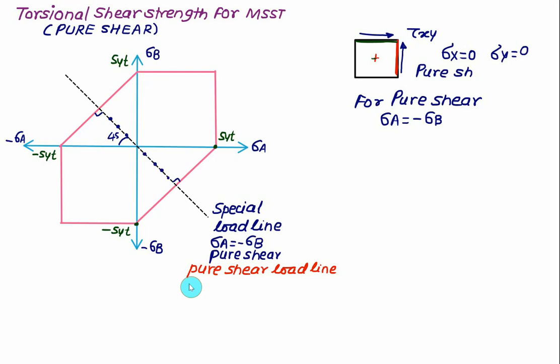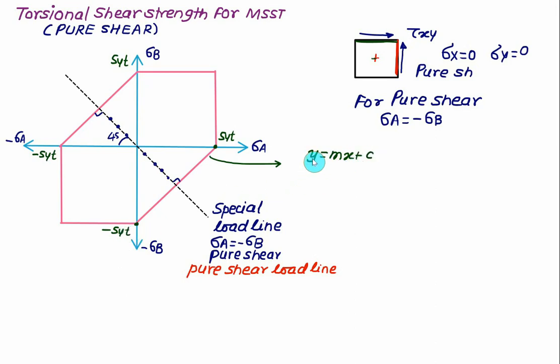That is, the magnitude of sigma A and the magnitude of sigma B are identical in value. Here this line is also a straight line having slope equal to 1, but positive slope. So we have y is equal to mx plus c, and the y-intercept is minus Syt.